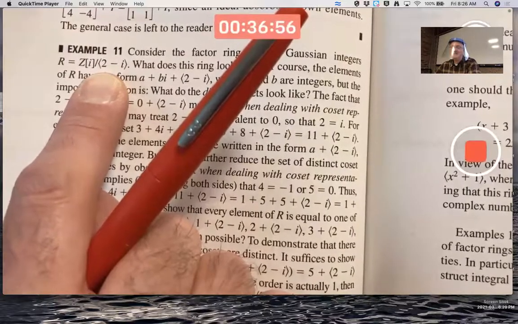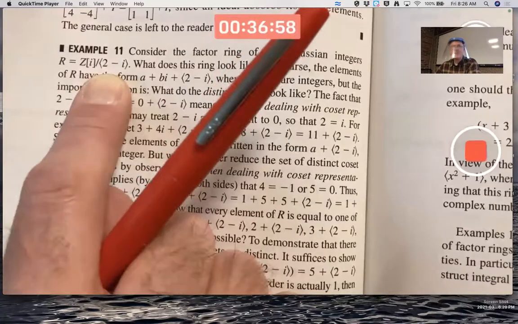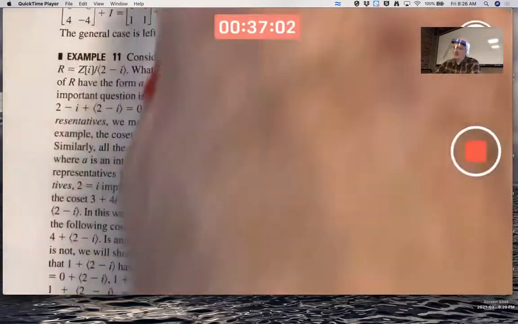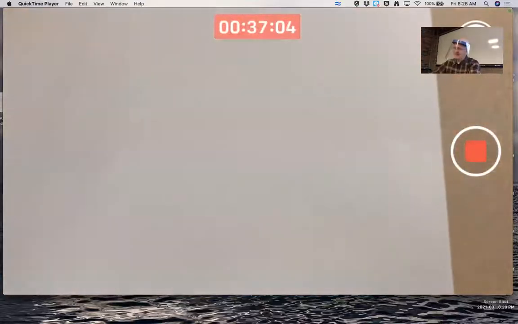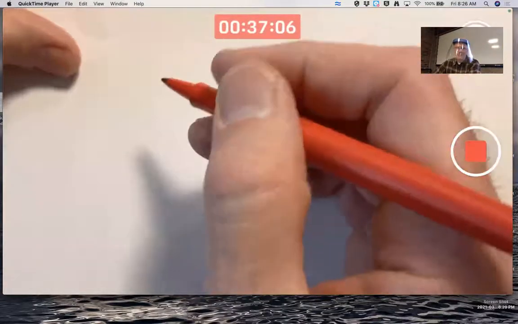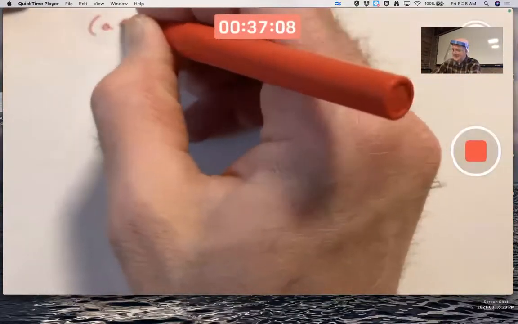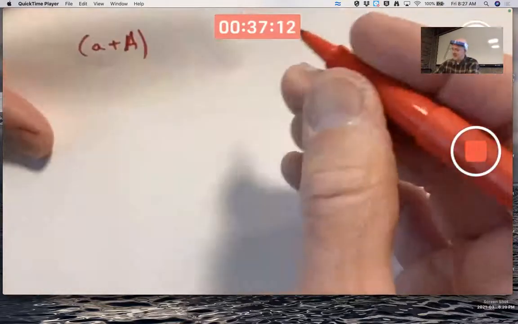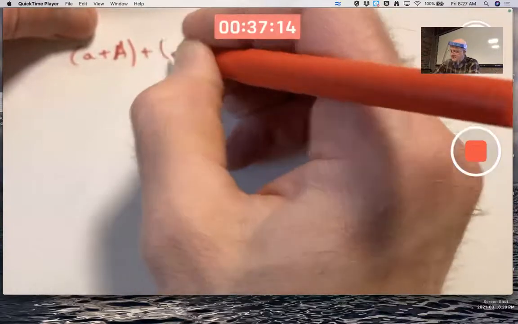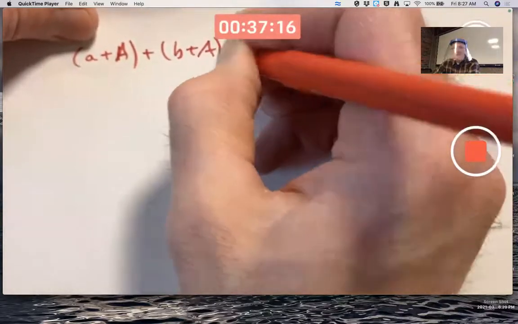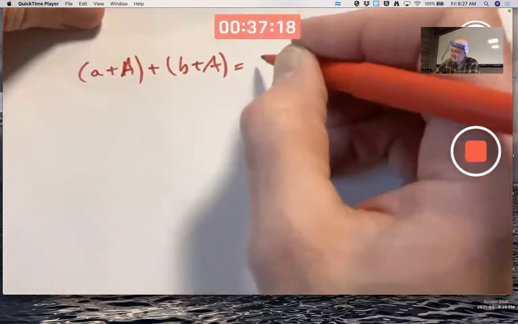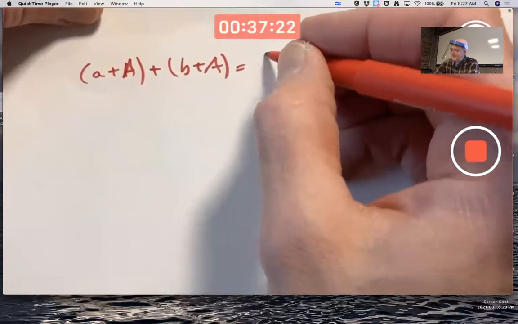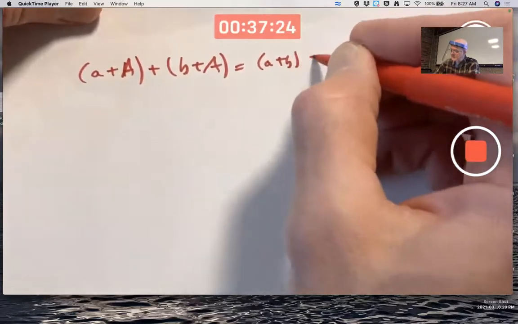The name makes sense. And so I can form the factor ring under coset addition and multiplication. I guess I haven't written those down. The general coset addition is the same as in group theory. I'll call the ideal capital A because that's what the book often does. To add two cosets, you add their representatives.